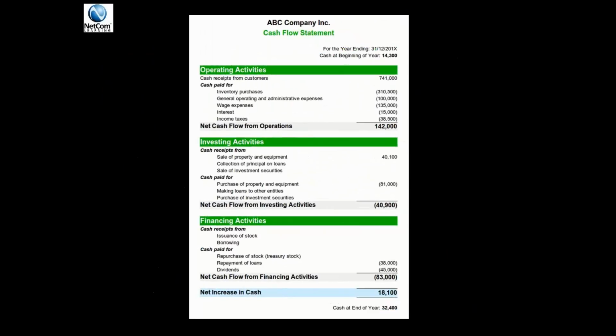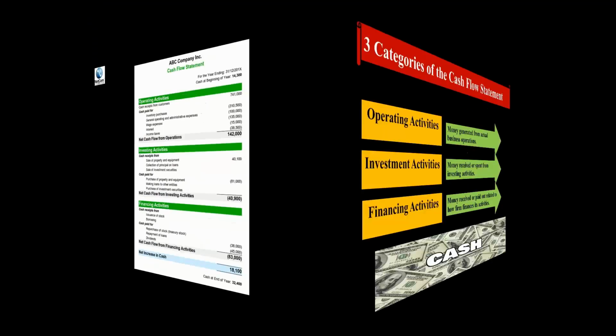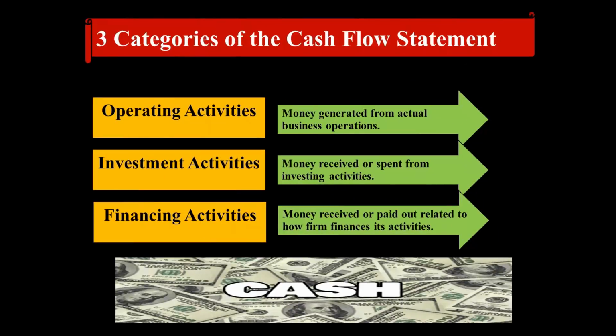This is a cash flow statement, and you will immediately notice that the cash flow statement is segmented into three categories: operating activities, investment activities, and financing activities. The cash flow statement is analogous to the company's checkbook. This has to do specifically and literally with the amount of cash, dollars if we're in the United States, literally sitting in the corporate bank account.